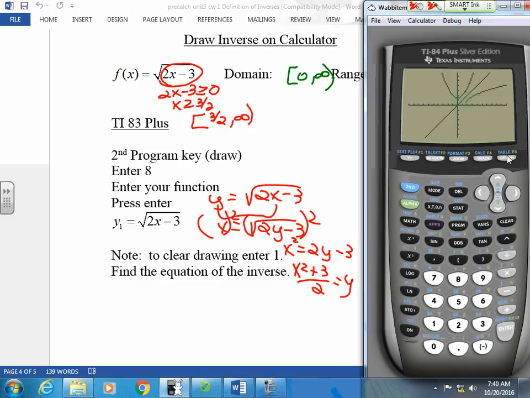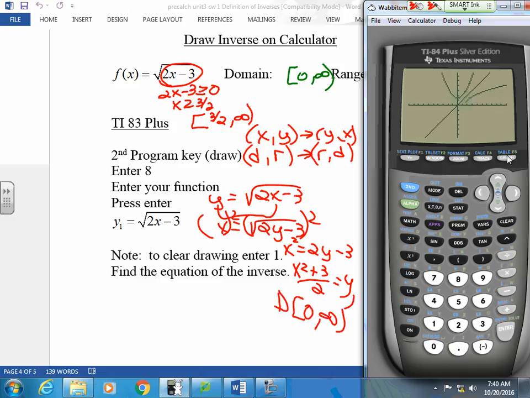When we do an inverse, we swap all your x's and y's. So therefore, we have to swap your domain and your range. Your range now is going to become this guy's domain. So this one, we're going to have to restrict the domain from 0 to infinity.